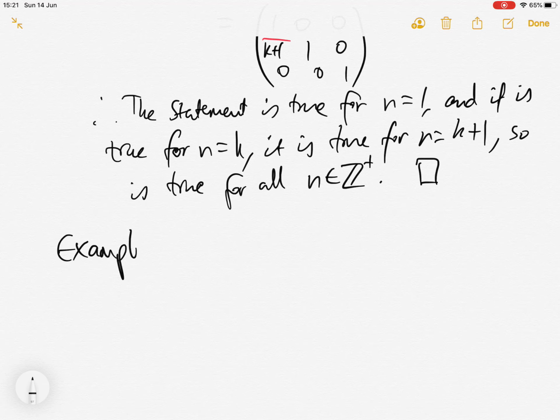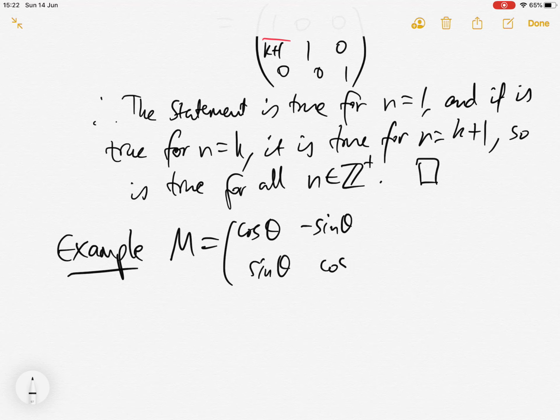So now, let M be the matrix cos theta, minus sine theta, sine theta, cos theta. We'll see this matrix later. Matrices can act on vectors.